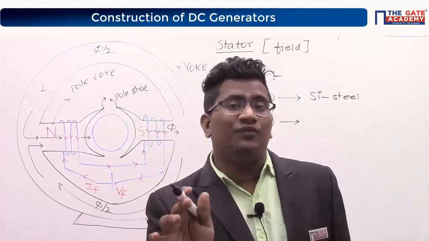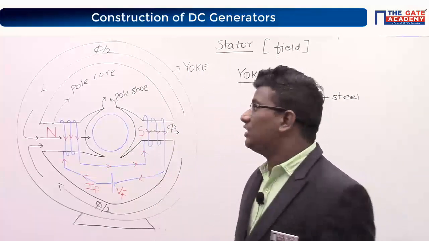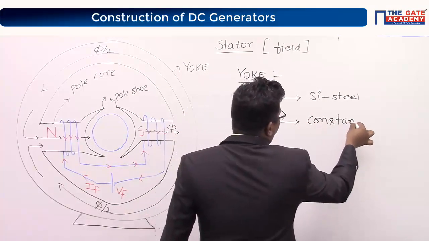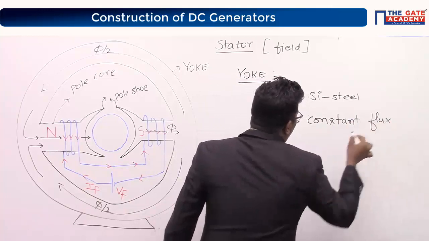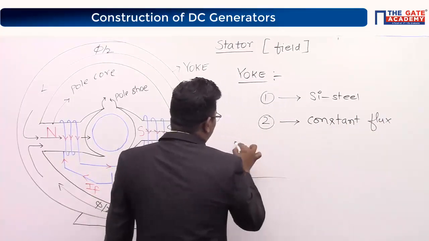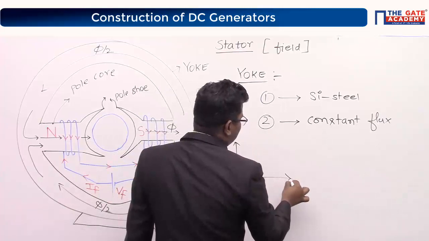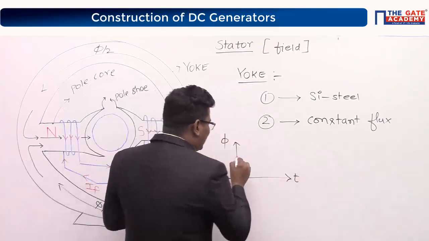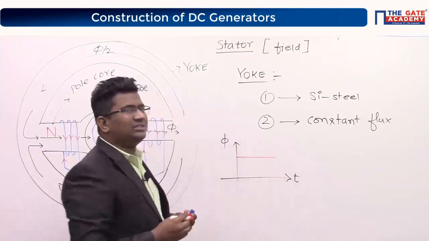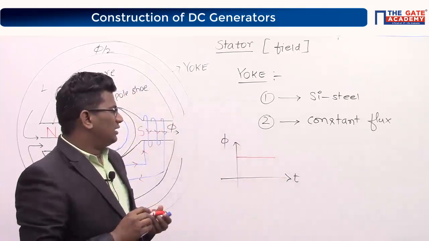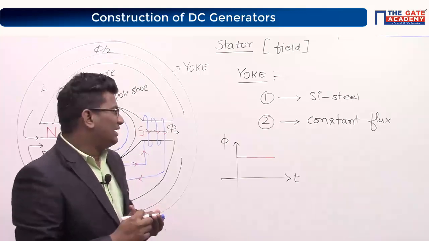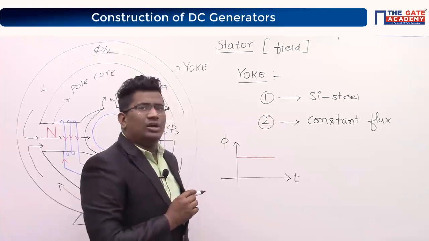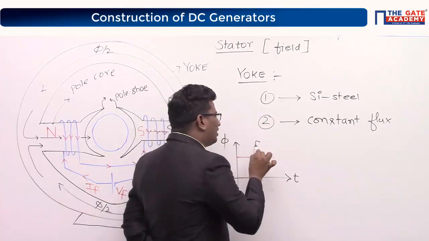Constant flux. Constant flux with respect to time, taking flux on the y-axis and time on the x-axis, means it is DC only, no? Is it DC flux? Tell me, does DC flux have any frequency or no frequency?